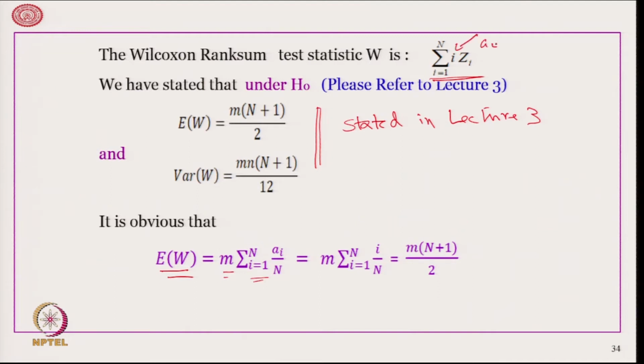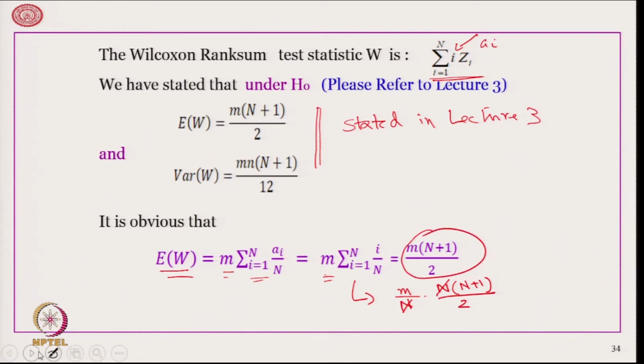Therefore, we can write it as m times Σ_{i=1}^{N} i upon capital N, and this is equal to, if I write one step further, m upon capital N into N (N + 1) by 2, N gets cancelled, and therefore, we get the result.